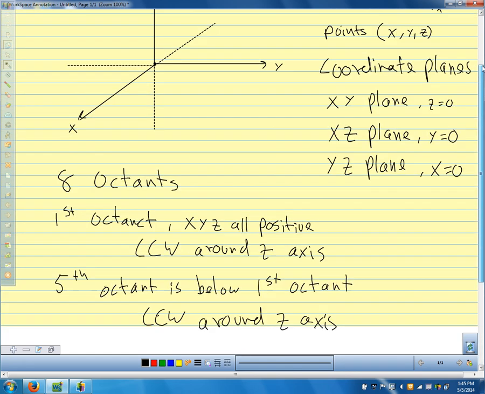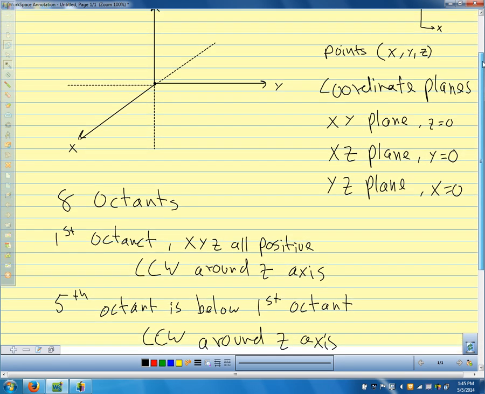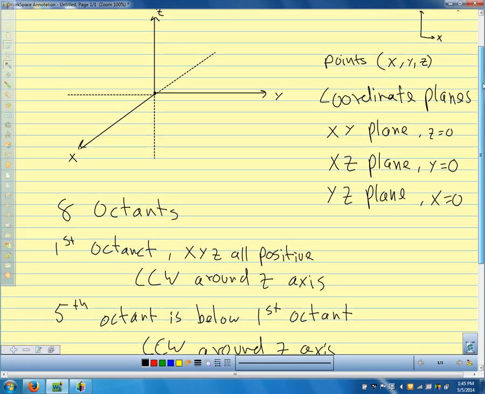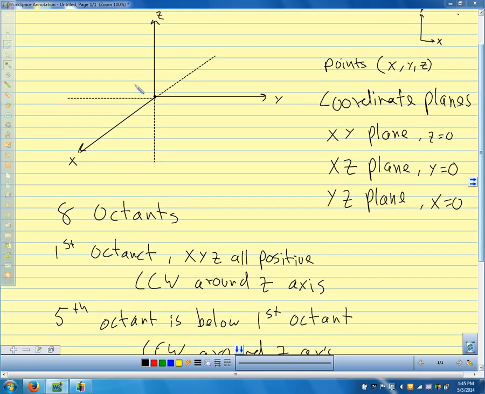So for the most part, it's not that important that you know where the sixth octant is. Usually we'll be talking about the first 4 octants. In Calc 3 we do a lot of three-dimensional work, and for the most part we're working in the first octant or the first and second octant, sometimes in the first 4.